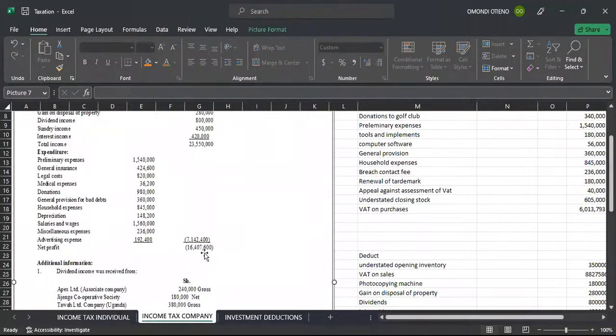Is it a negative or a positive? This 16,407, is it a negative or a positive value? This 16.